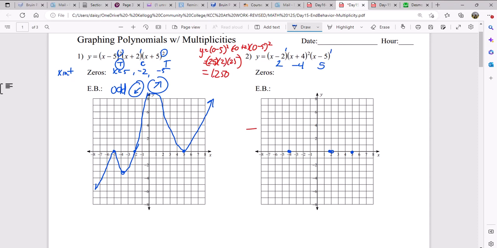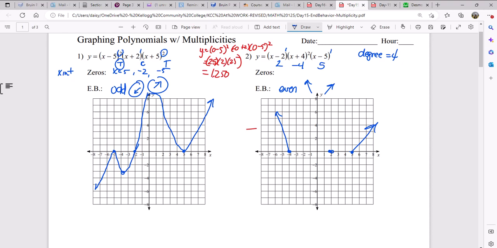So all total, the degree of the polynomial is going to be 4, which is even. And there's no negatives in front of it, so my end behavior is going to go up in this direction and up in this direction. So now we've got to decide where it's going in between.